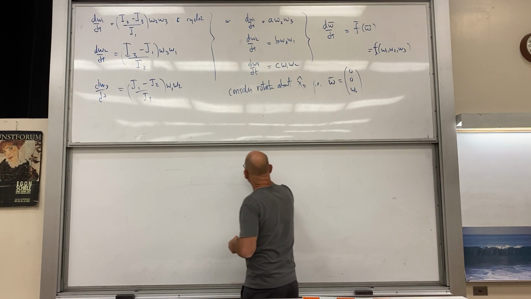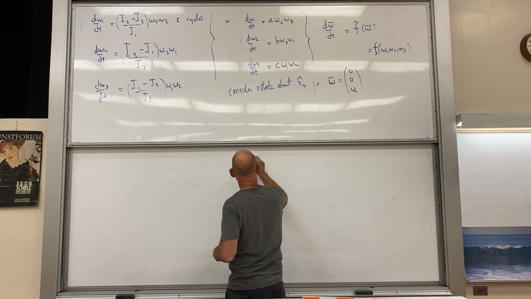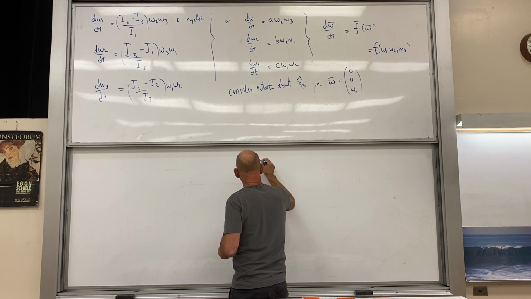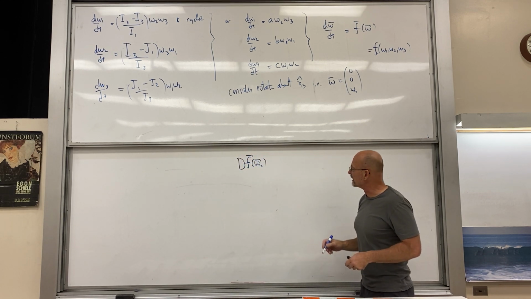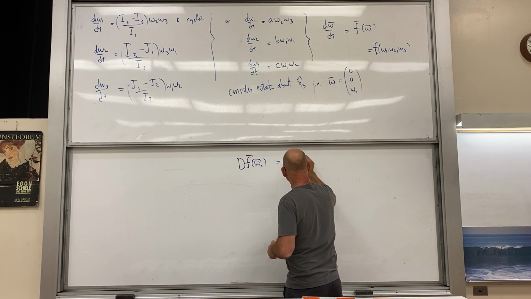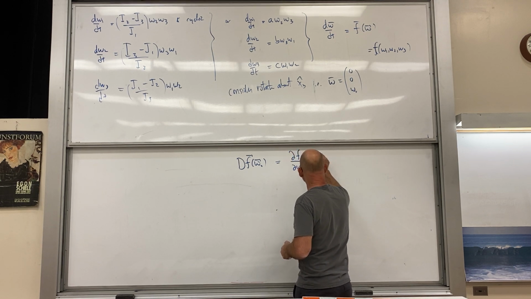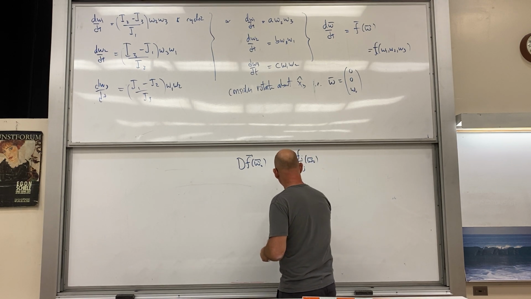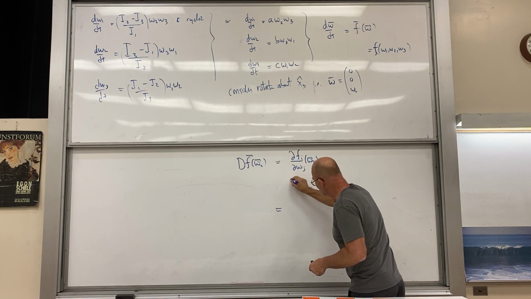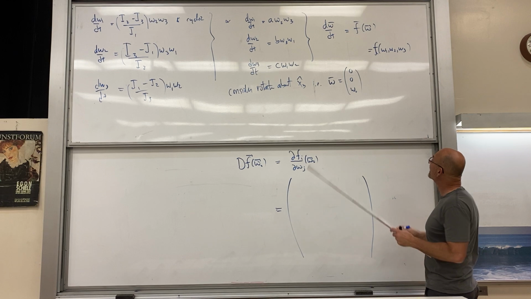Okay, so what is this df of omega 0? That's what we could call it. That's df i d omega j evaluated about this omega 0. So it's a 3 by 3 matrix. Let's just draw a big one here. See if we can fill it in.